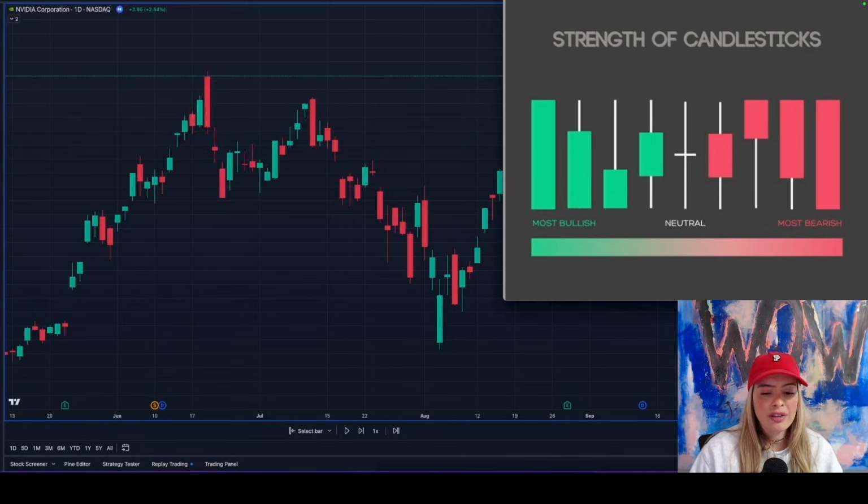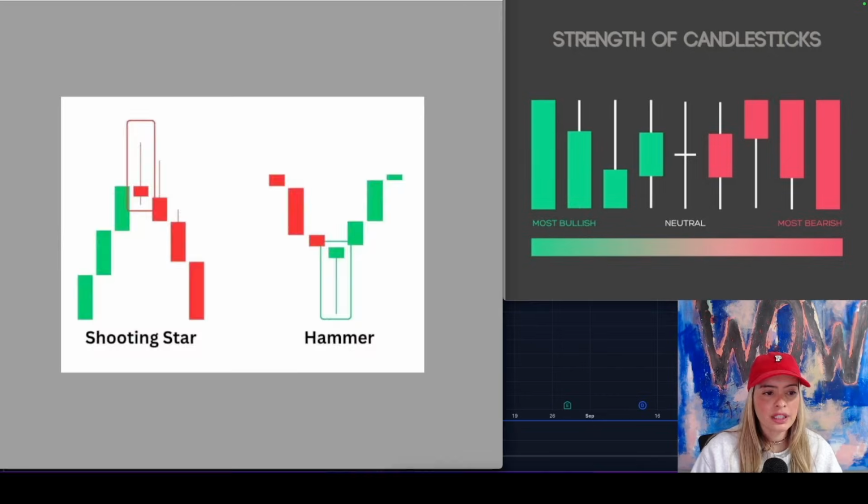Now, my favorite candlestick pattern that I use all the time is the shooting star at the top and the hammer at the bottom. But something very important here is understanding that just because this happens doesn't mean that it's immediately going to change direction, but we need to be careful, we need to pay attention, and take these candlestick patterns into consideration.